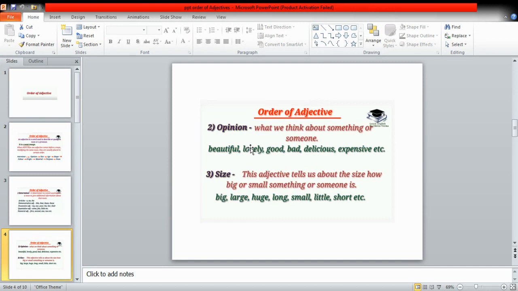Then size is there. This adjective tells us how big or small something or someone is. These different words can be big, large, huge, long, small, little, short, etc. These are the words which tell you the size. So first comes determiner, then opinion, and then size.